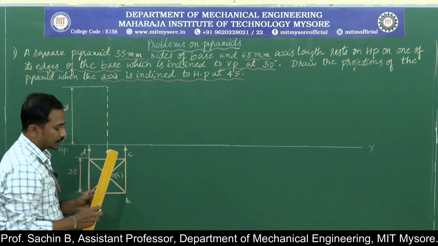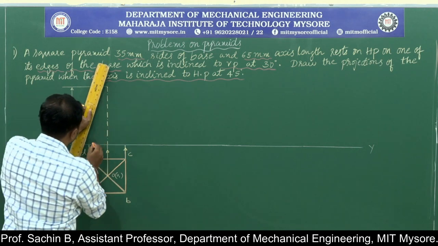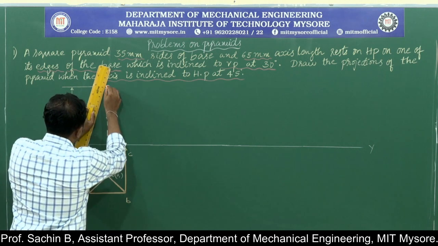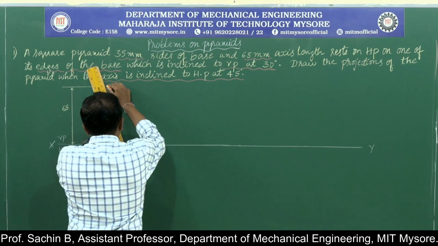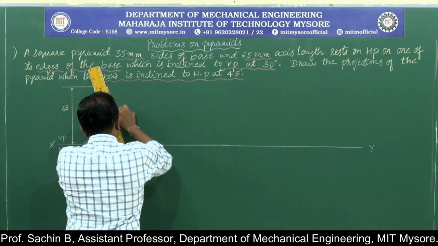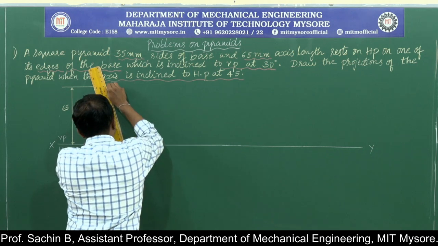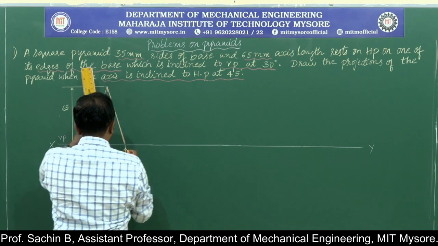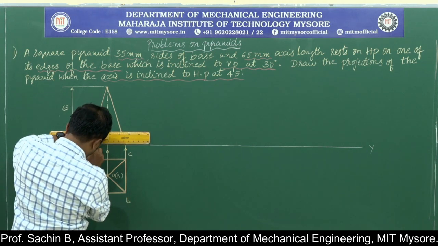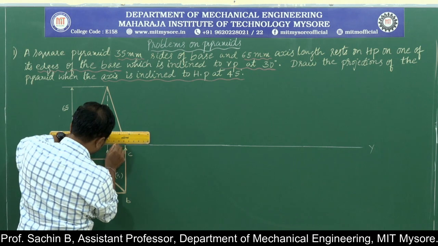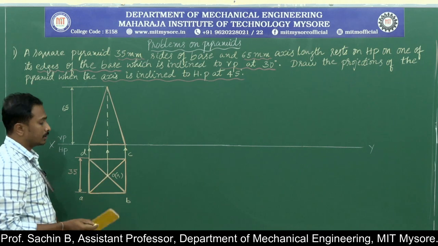Now, after writing the axis, next I will draw the slant edges. Okay, now I'll go for naming it.